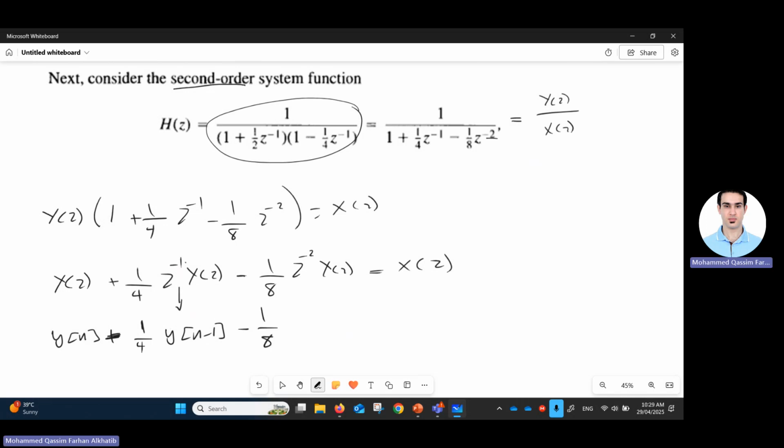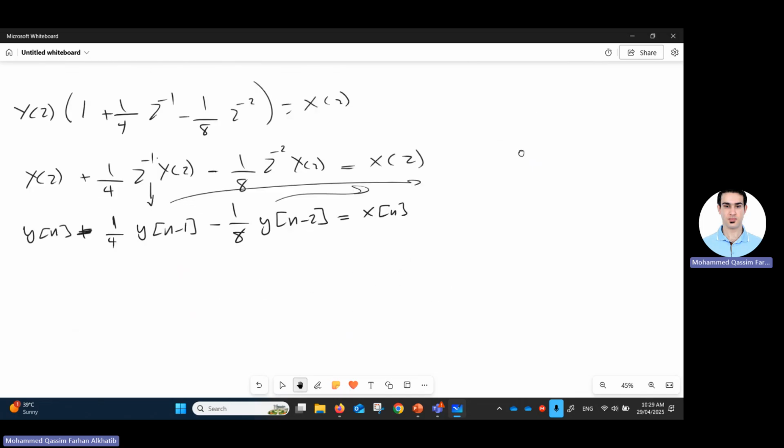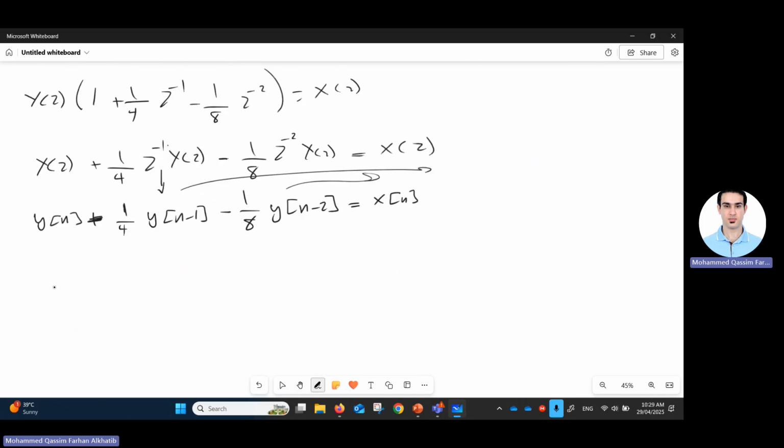Minus 1 over 8 y of n minus 2 equals x of n. Now take this one and that one there. So I will have y of n equals x of n minus 1 over 4 y of n minus 1 plus 1 over 8 y of n minus 2.